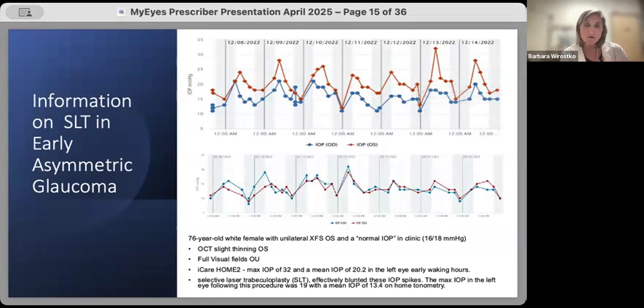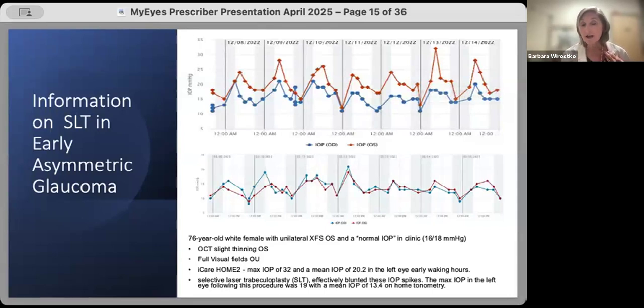Her left eye was always 2 millimeters more in clinic during normal clinic hours. So 17, 19, 16, 18. Maybe she had a little OCT thinning on that left eye. Visual fields were full. She was a myope, so maybe that was why her OCT was a little thinned. And we kept debating whether or not to treat her, but she was normal.